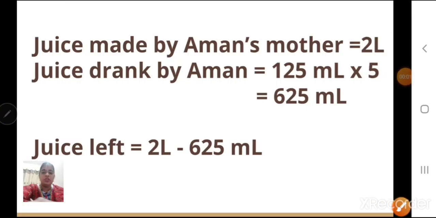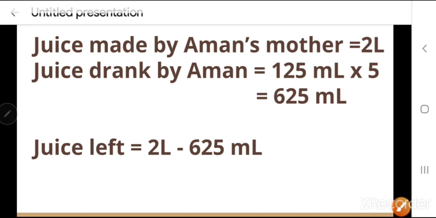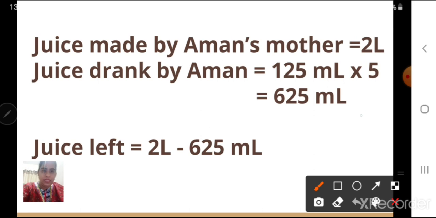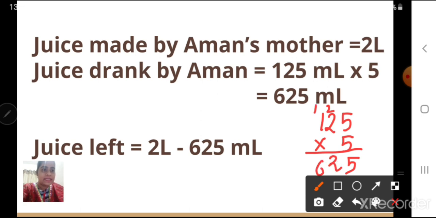So children, note down the statements. Juice made by Aman's mother is equal to 2 liter. Then juice drunk by Aman is equal to 125 milliliter into 5, because there are 5 glasses. See here children, it will be 625 milliliter after multiplication, 125 into 5. 5 5s are 25. 5 2s are 10, then 11, 12. 5 1s are 5 and 6.